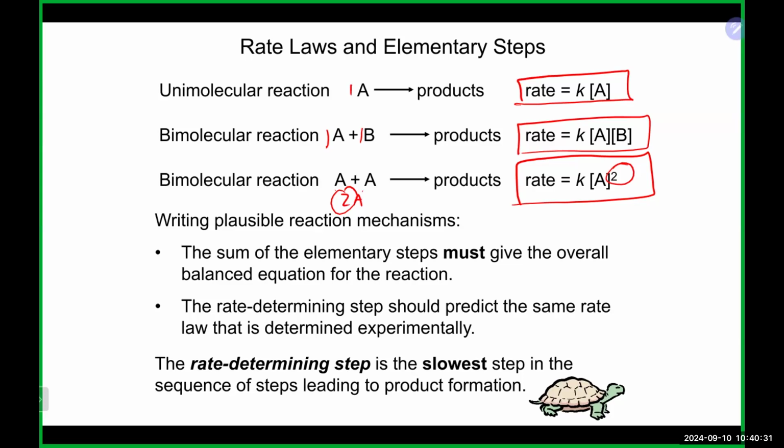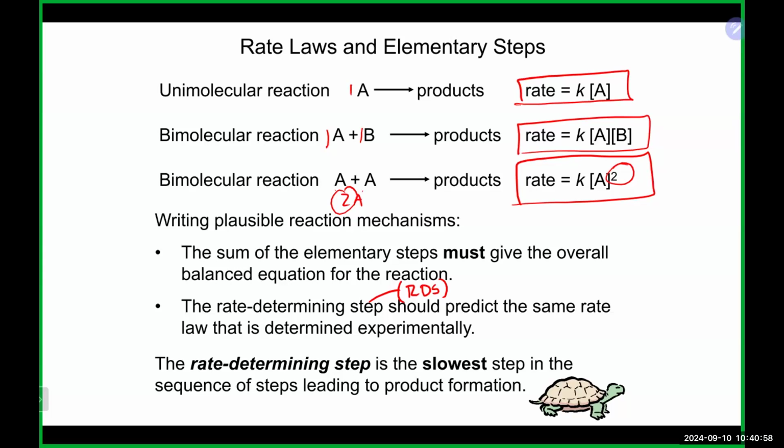Obviously, if you add up all the steps and it doesn't equal the reaction you're looking for, then that's probably not a great mechanism. The second thing, which is really important, is the rate determining step, sometimes abbreviated RDS. The rate determining step should have the exact same rate law as the one that was found experimentally.